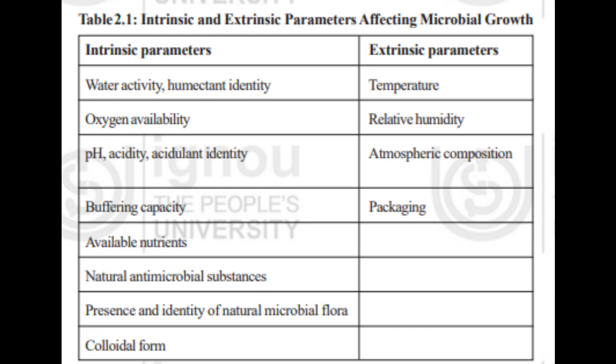A knowledge of the intrinsic and extrinsic parameters should enable you to decide which broad group of organisms is likely to spoil a particular type of food, that is, whether the food is likely to be spoiled by bacteria, yeasts, or molds. For example, foods that have a high water activity and a pH above 5.0 are likely to be spoiled by bacteria simply because under these conditions, bacteria grow the fastest.